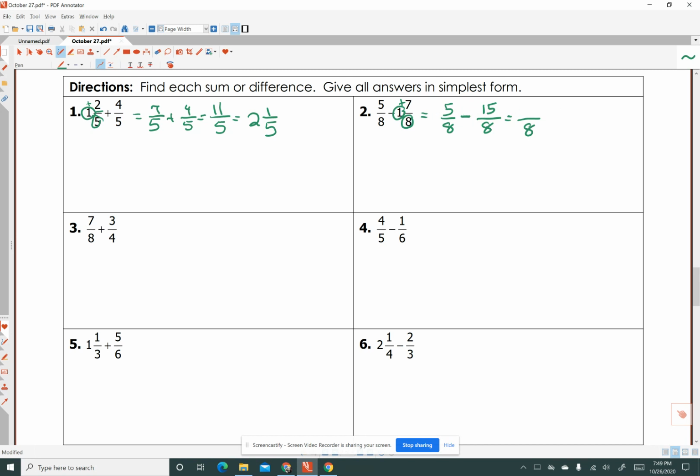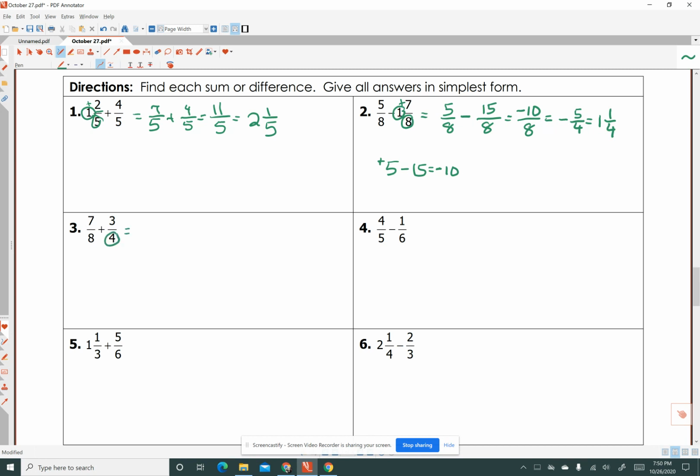It's just like doing 5 minus 15, and that would give us negative 10. So that would be negative 10/8, and 10 and 8 can be divided by 2, which will give us negative 5/4. We can also rename this as a mixed number of 1 1/4, because 5 divided by 4 is 1 with 1/4 left over.